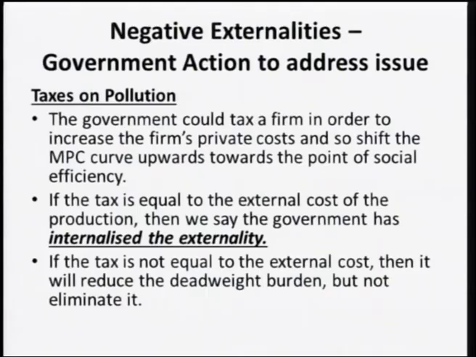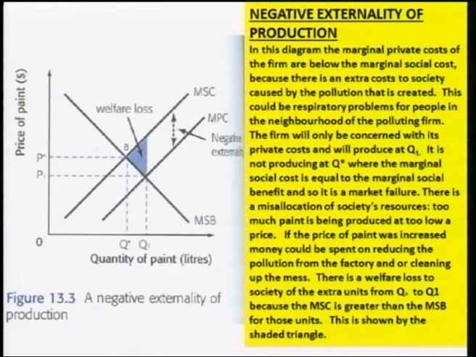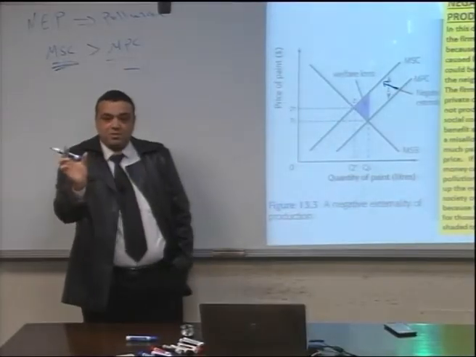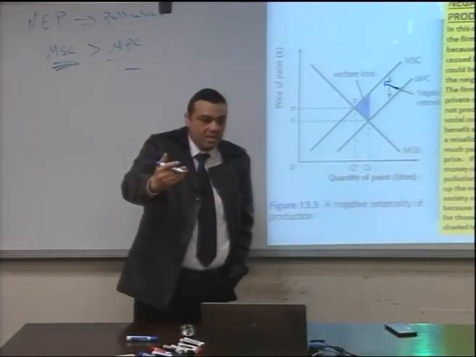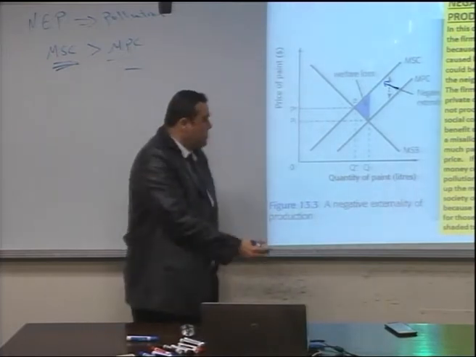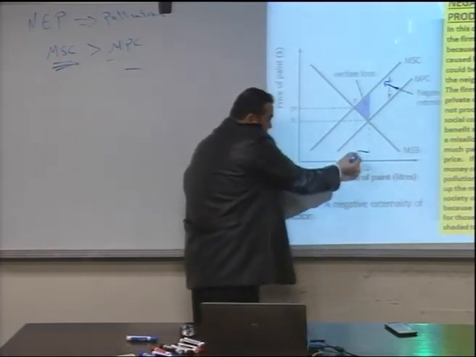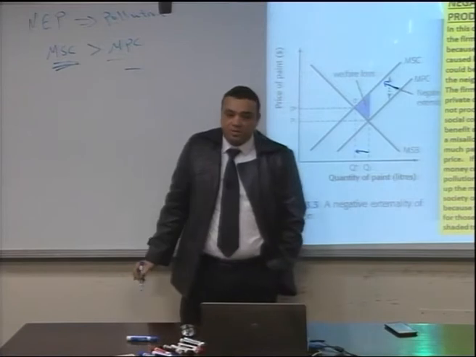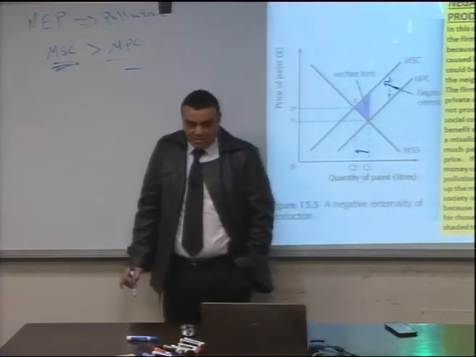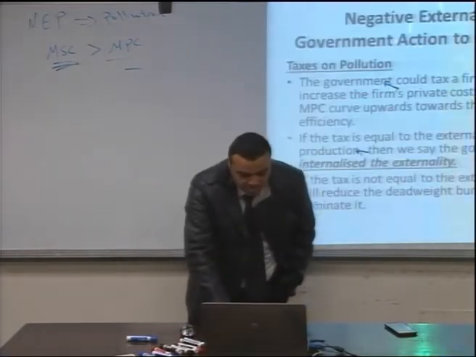If the government imposes a tax, the marginal private cost increases, so it shifts left, which means there is an increase in the private cost. As the private cost increases, the produced quantity will go down from Q1 to Q star in this graph.